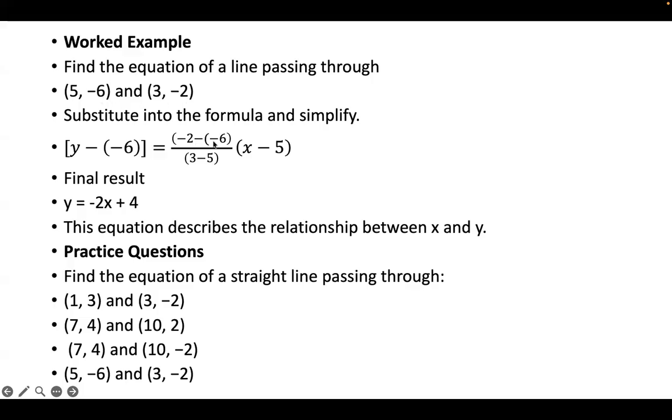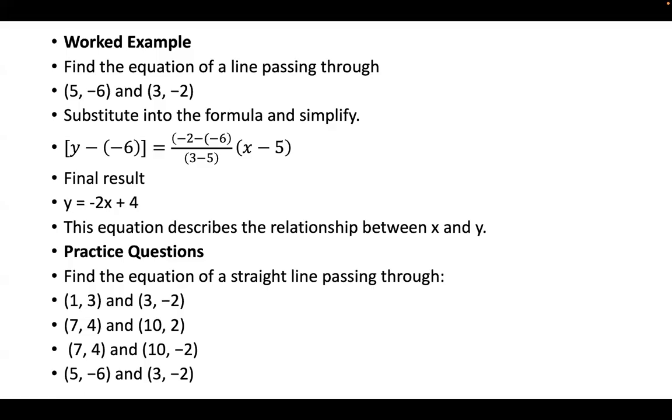So -2 minus -6, over x2 minus x1, that's 3 minus 5, times x minus the initial x. So finally, -2 minus -6 will give you what? That will be 4. Yes, sir, 4.